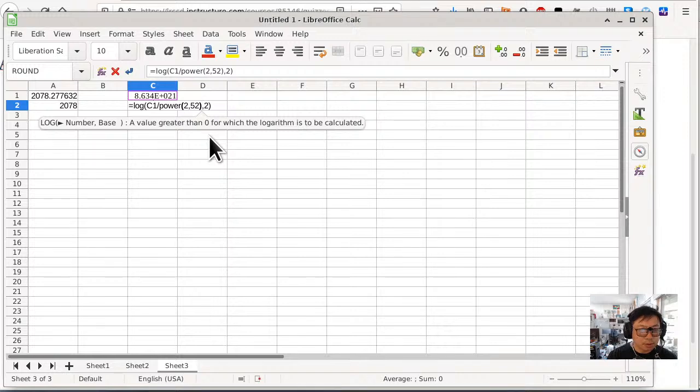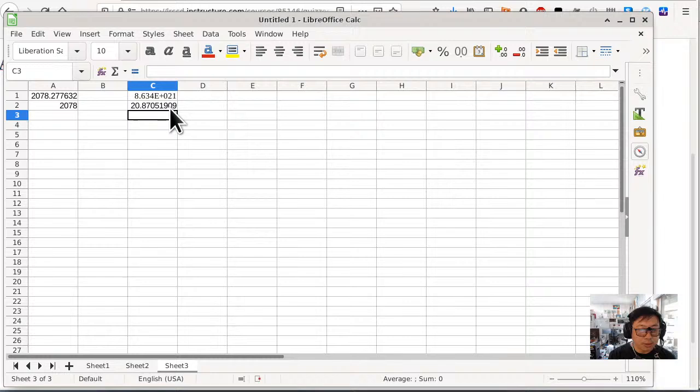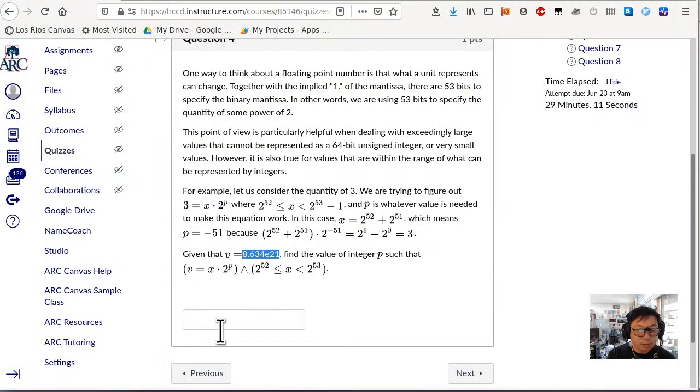All right, so let's review the equation. The equation is the log 2 of V divided by the smallest value that X can be. So we press the enter key, and that gives us the irrational number. If we take the floor of that, which is 20, that would be the answer for this question. So if I switch back here and enter 20, I think that should be the correct answer. So any questions about number 4?